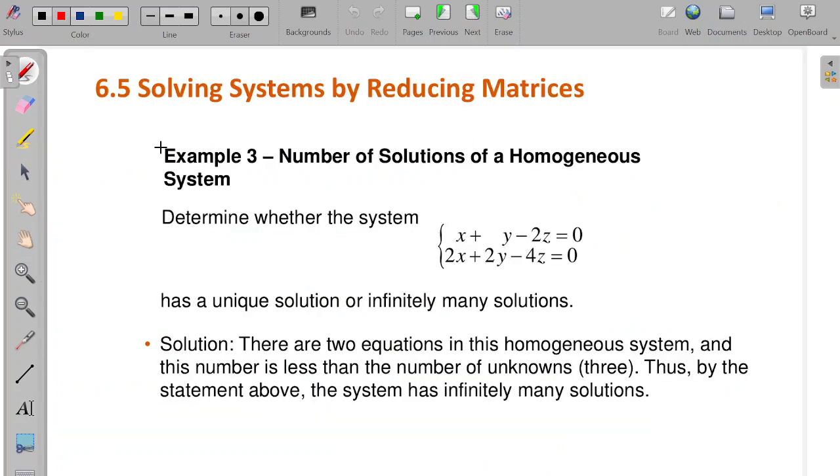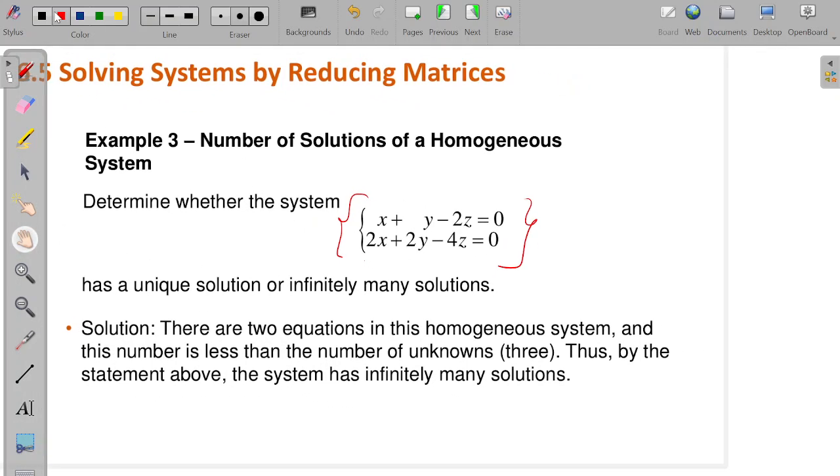So for example, determine whether this has a unique solution or infinitely many solutions. Here, how many equations do we have? Two equations. How many unknowns do we have? 1, 2, 3. 3 unknowns.